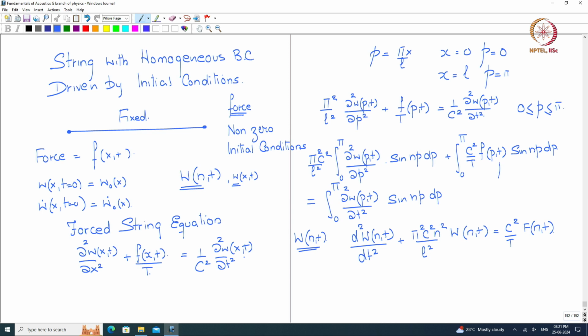The same transform has happened on this, so it's f of n comma t.